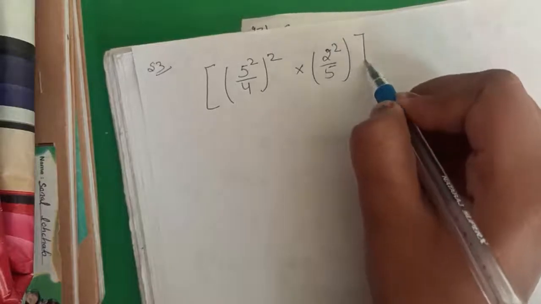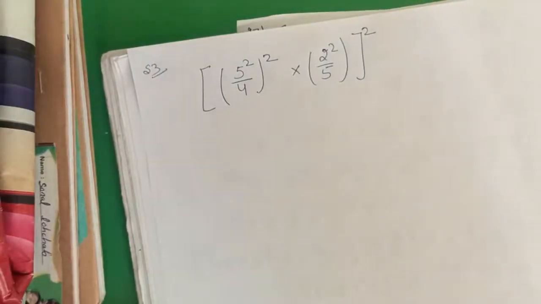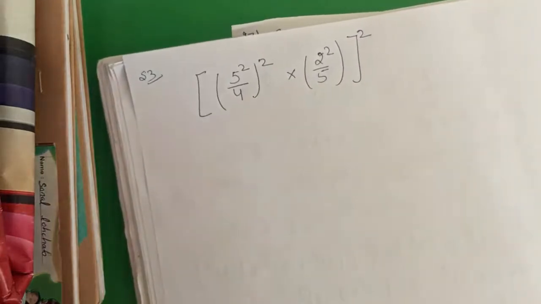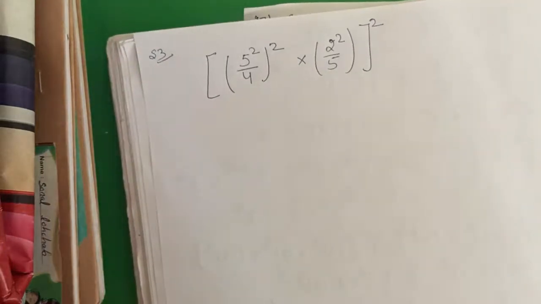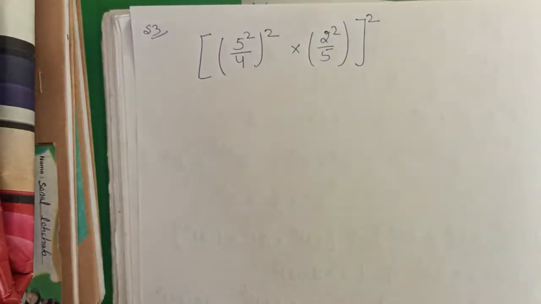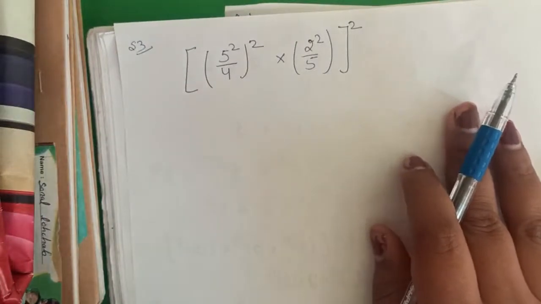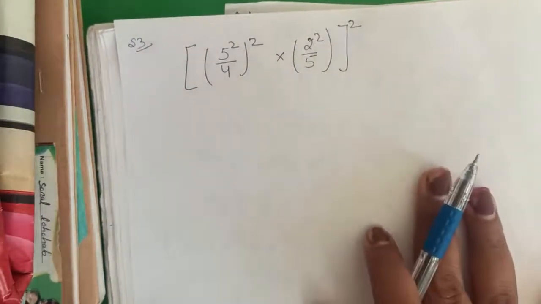Again the power of the complete is 2. As the print is not clear, it is not understandable. Maybe it is a misprint. If in your book it is properly visible, then you can solve with those powers.